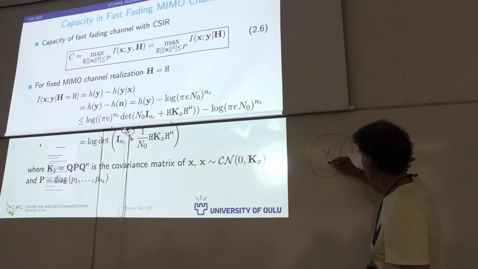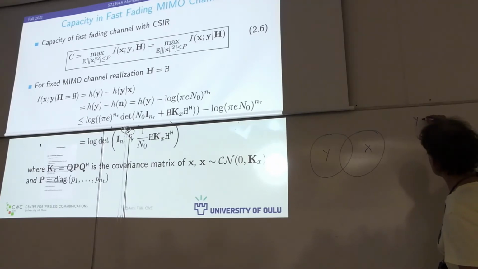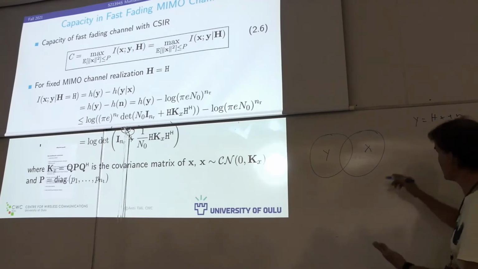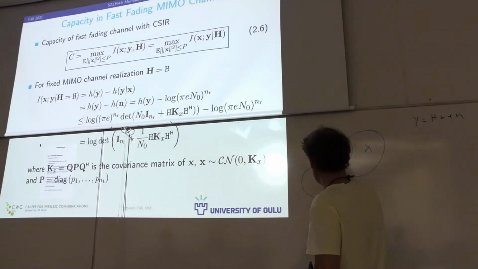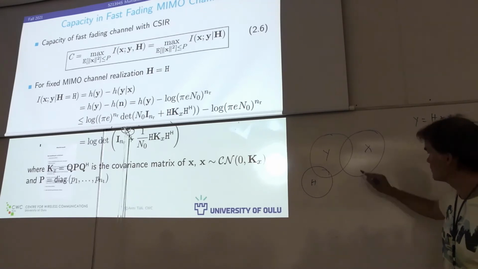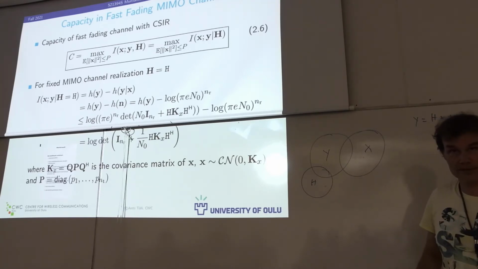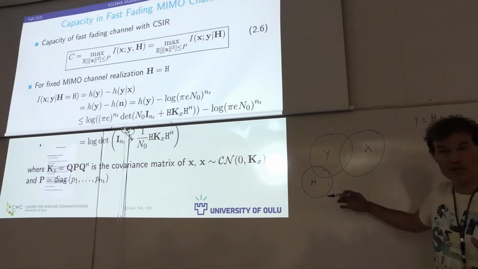We have Y and X, and a process. In wireless communication, we started with the Gaussian case, no channel, just noise. But here we can also assume that we have another process called H. But H and X are independent, so there's no overlap. They don't have any mutual information because they're independent.